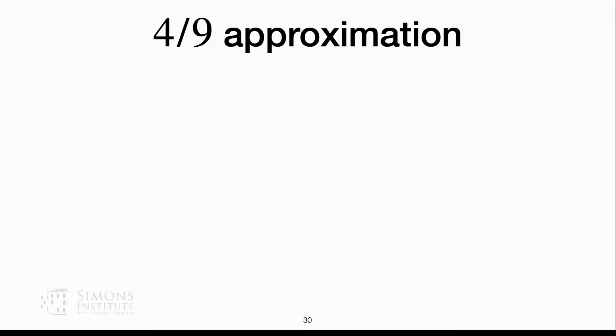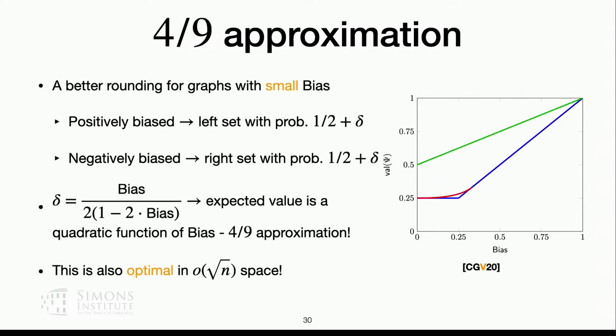Now I'll talk about the 4/9 approximation. For the 4/9 approximation, we made this observation about graphs with small bias. Previously, we just took the best of a random die-cut, and for this region, 1/4 was the value that we were outputting.